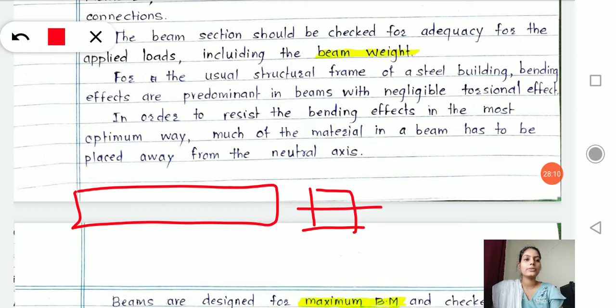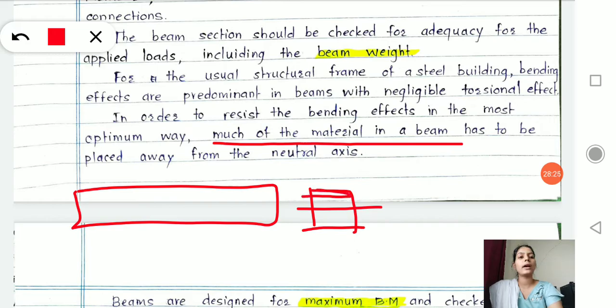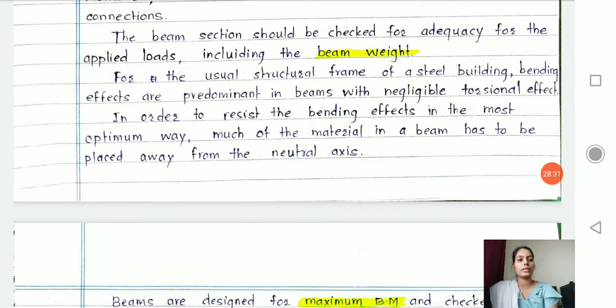Now this neutral axis, what it said here: place as much of the material away from the neutral axis. It means that whatever material you have to load on that beam should be at the edges of that beam, away from the neutral axis. And why do we need to do this?